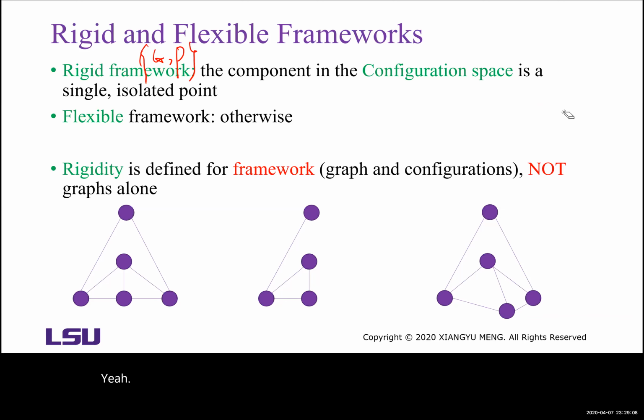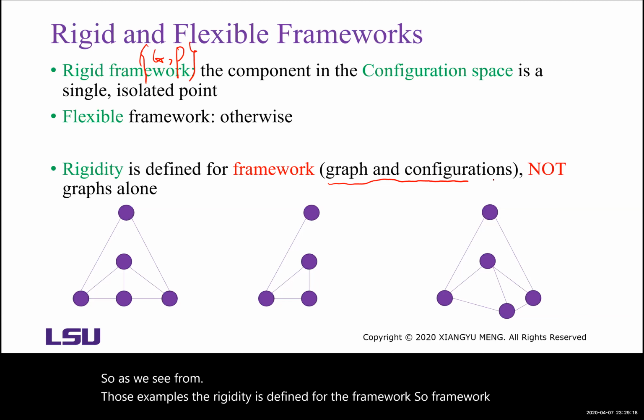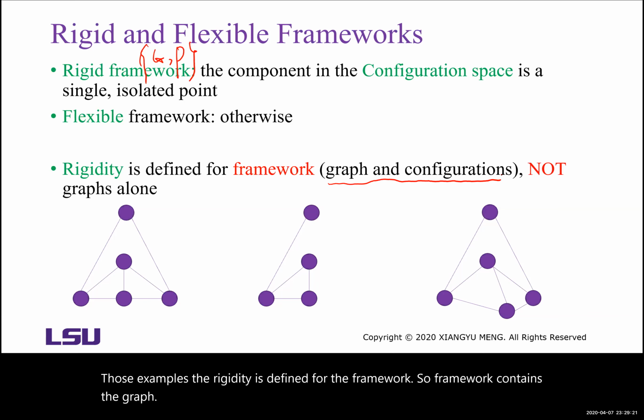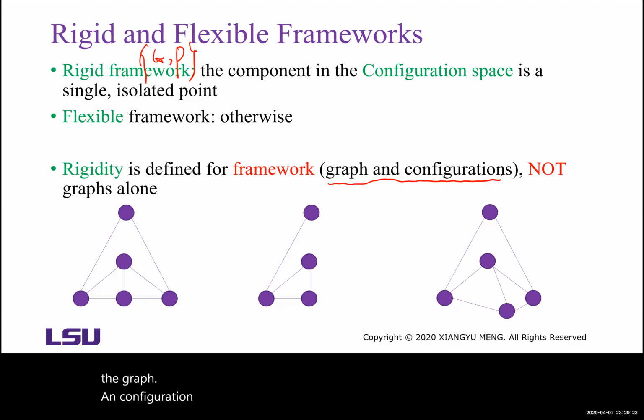As we see from those examples, rigidity is defined for the framework. A framework contains the graph and configuration, not the graph alone. Now let's see these cases in R2, in planar cases.